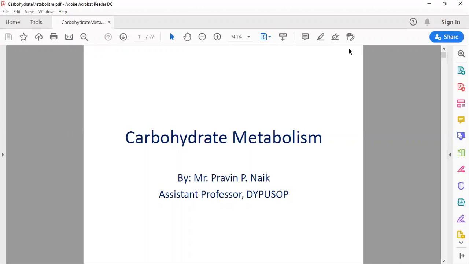Then the third point we discussed, that is gluconeogenesis. Gluconeogenesis is the synthesis of glucose from non-carbohydrate precursors, for example, amino acids, glycerol, etc. After gluconeogenesis we discussed glycogen: glycogenesis and glycogenolysis.